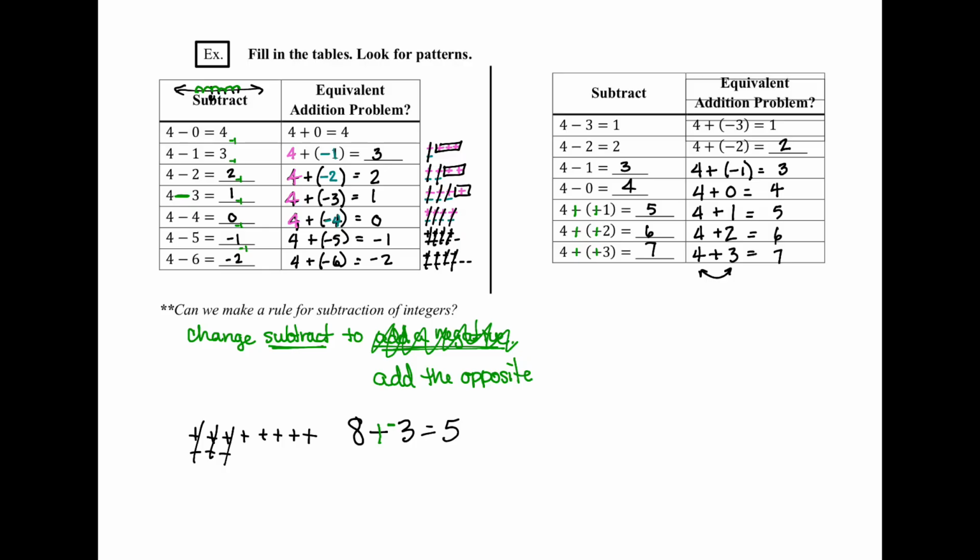Okay? What if I had 2 minus 5? We're going to change to add, change 5 to its opposite. 2 plus negative 5. So we have 2 positives, 1, 2, 3, 4, 5 negatives. The negatives win by 3.